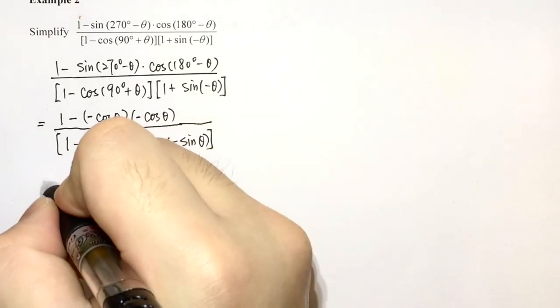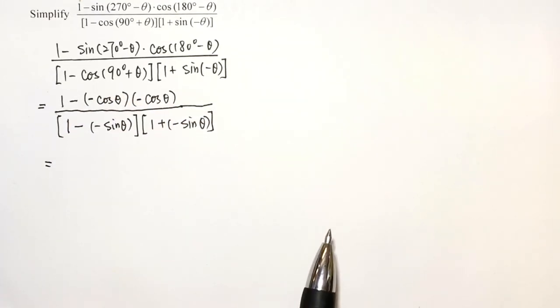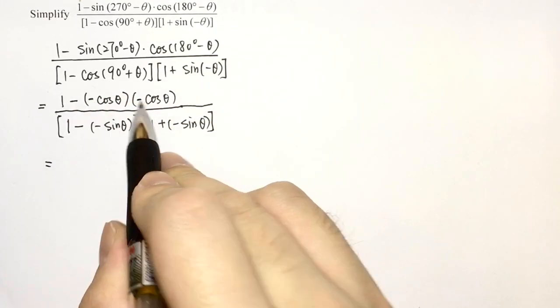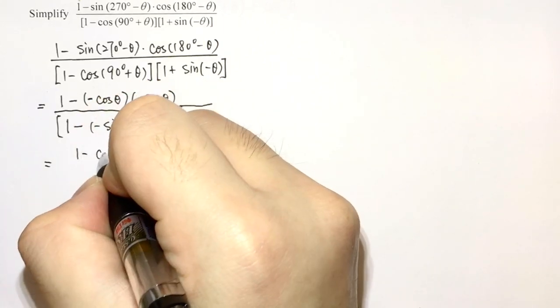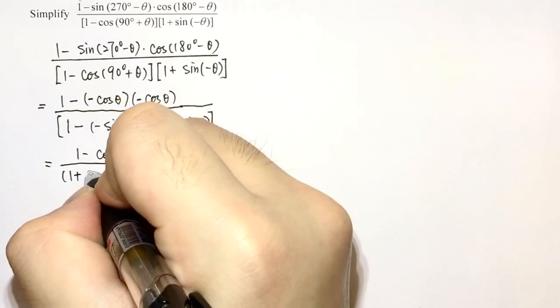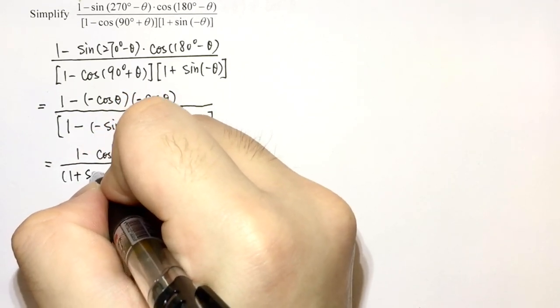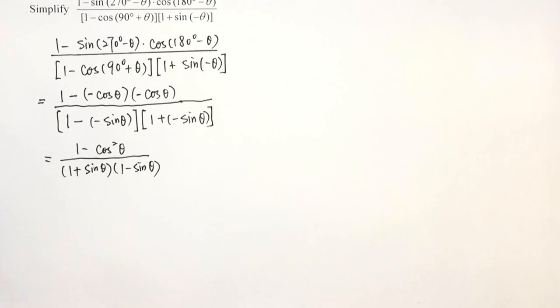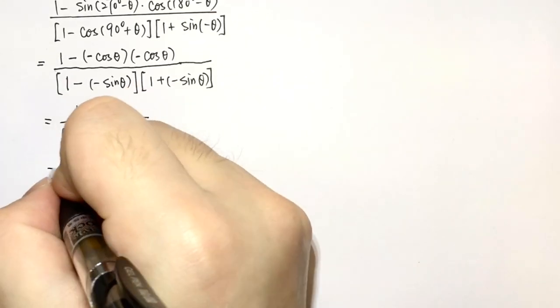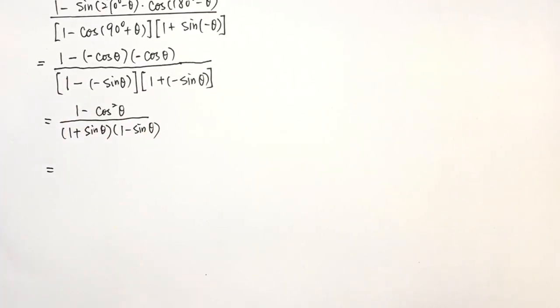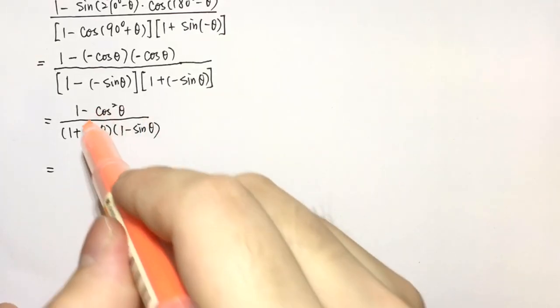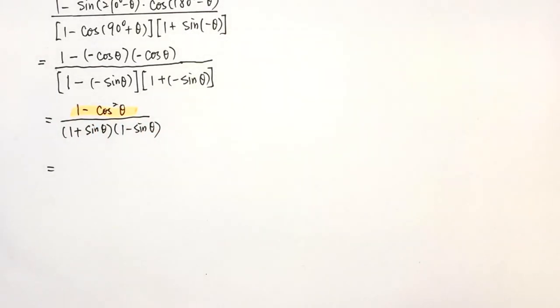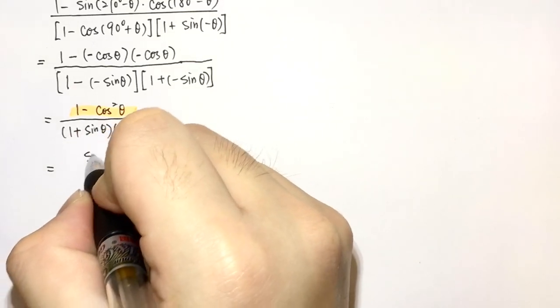Now, let's simplify all the things. We have 1 minus cosine square theta, that is a minus cosine square theta. For the denominator, we have 1 plus sine theta and 1 minus sine theta. For the numerator part, it is the identity, so the result is sine square theta.